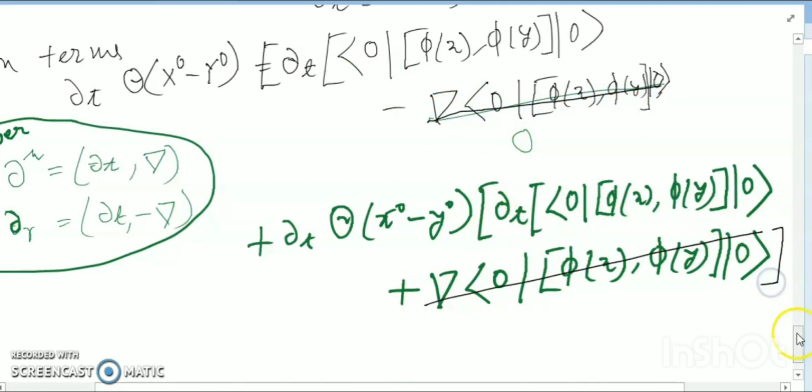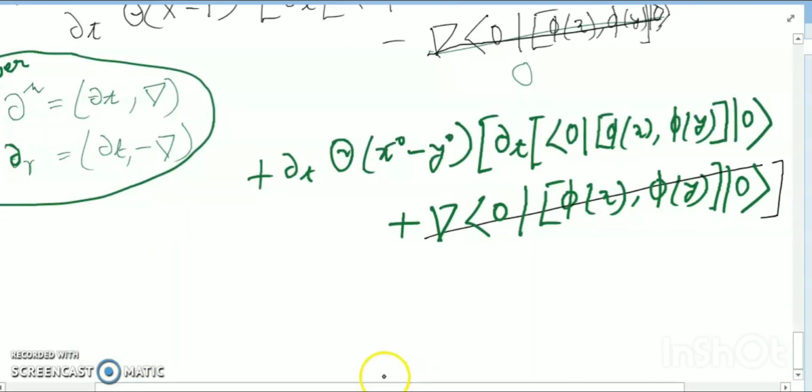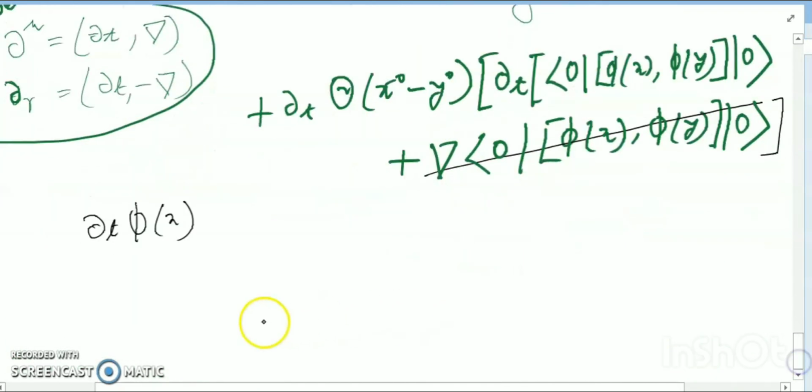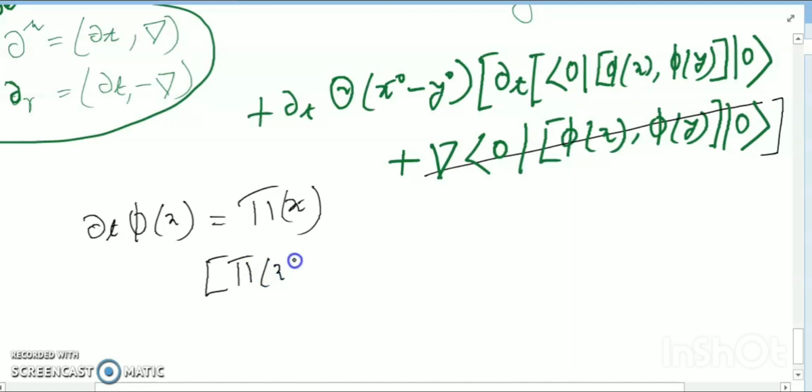Now you check that this value can be written del t phi x, which equals the conjugate momentum pi x, and the commutator pi x comma phi x.